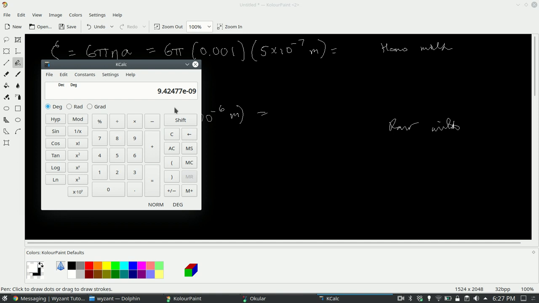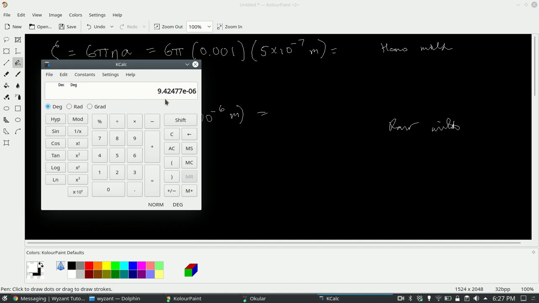The fat is separating in our milk that many kilograms per second. Okay, what is this in grams? That many grams per second. That's 9 micrograms. So Ethan, the milk in your fridge is separating at a rate of 9 micrograms per second.